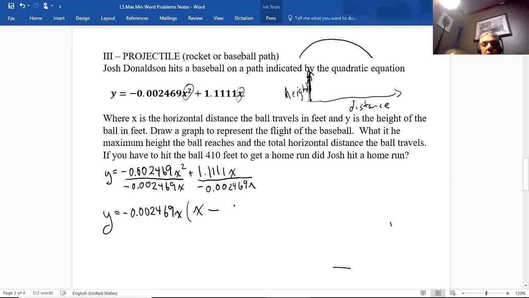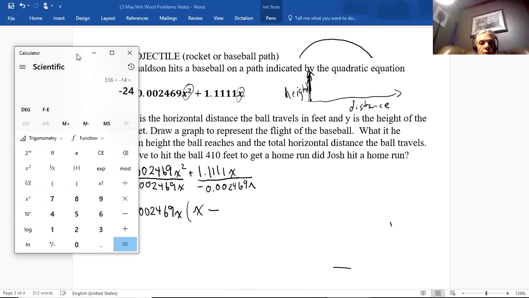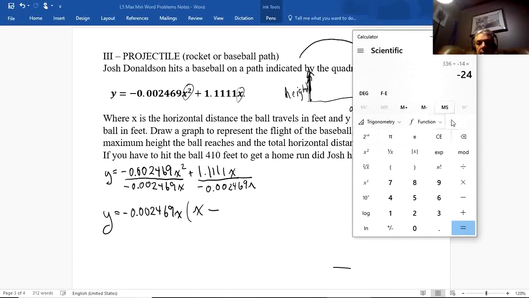And that x minus a value is really important. And I get that value by dividing these two numbers. Now I'm going to actually do that on my calculator, okay? Because I think it helps students to see this here. I'll just move the calculator up over to this side. Okay, so I take 1.1111, and it's important that you write all the decimals that I give you.